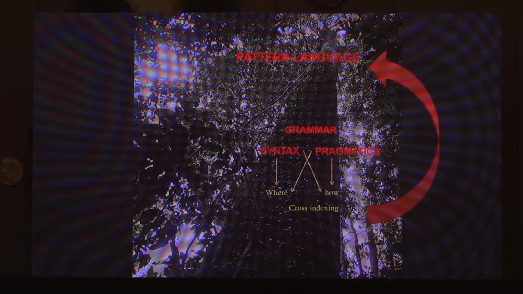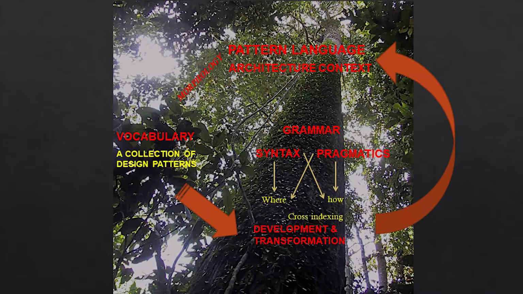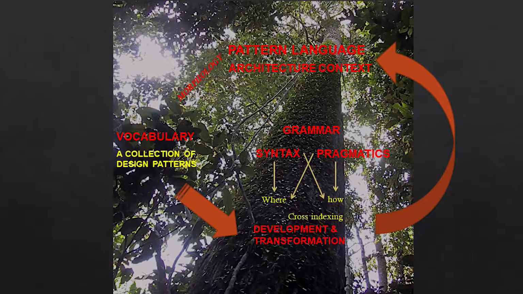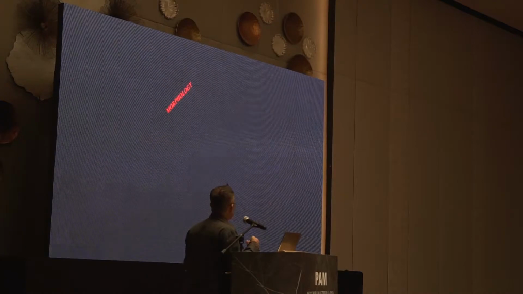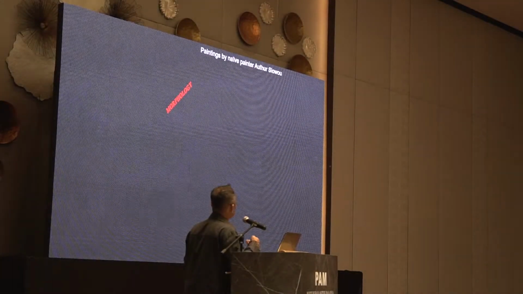In an architecture context, we build up a vocabulary, which is a collection of patterns that we can develop and transform. When you have a whole series of patterns, as it grows, it changes and morphs; we call it morphology. So morphology starts from a very simple pattern.